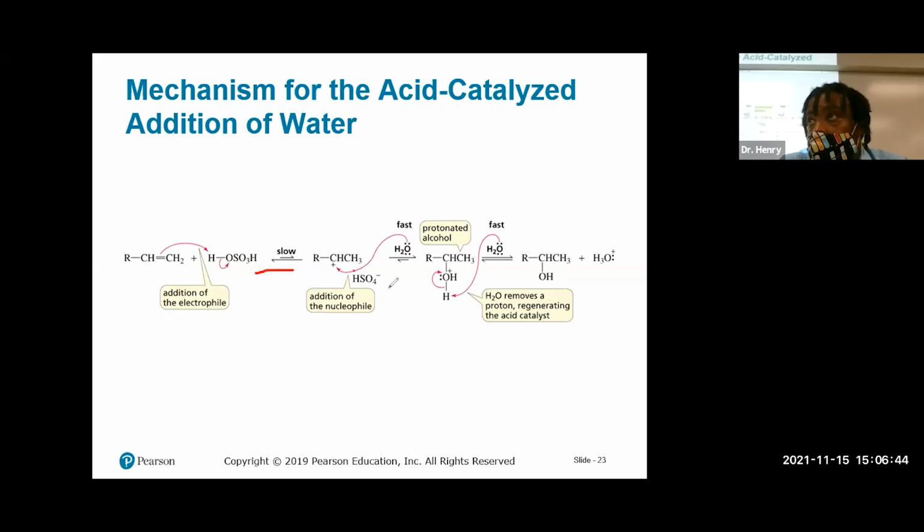And then the water molecule, this is going to be your intermediate. So that water molecule is then going to take the electrons between the oxygen and the hydrogen, and bring them to here.